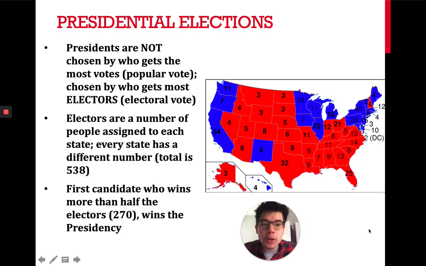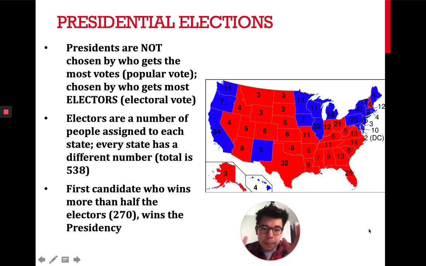An electoral vote is, let's say, a certain number of people vote for one candidate in a state. That candidate's electors, or assigned people, are the ones who cast that vote. An elector is the number of people assigned to each state. Every state has a different number.